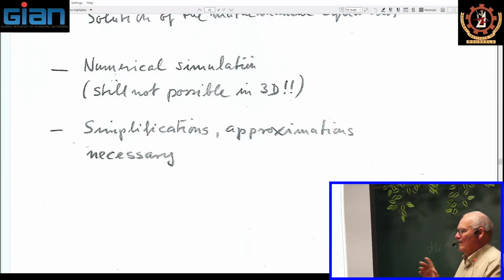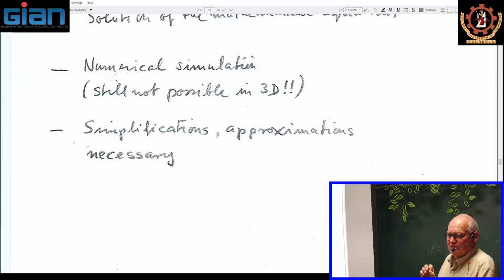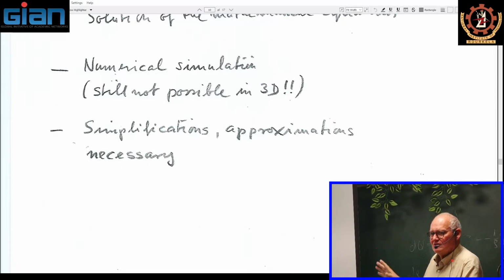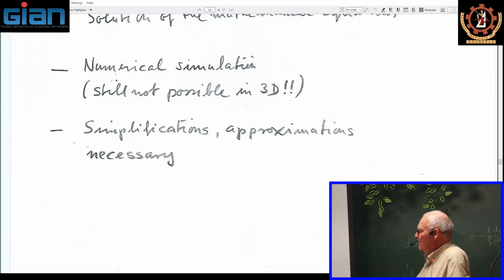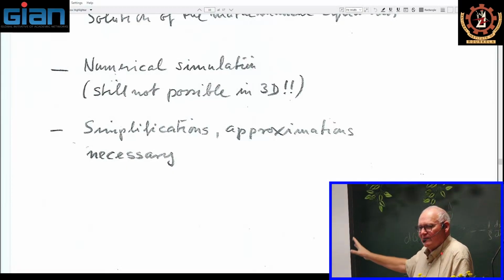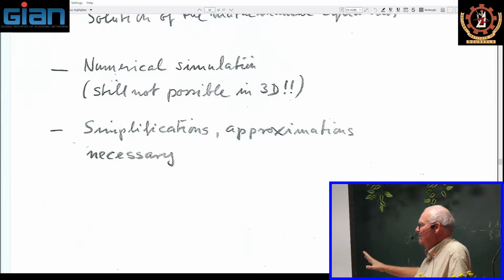to solve the equation, but at the same time, even if we were able to solve all the equations in their complete generality, then the question arises, once we simulate the equation and we get the result, did we understand anything?